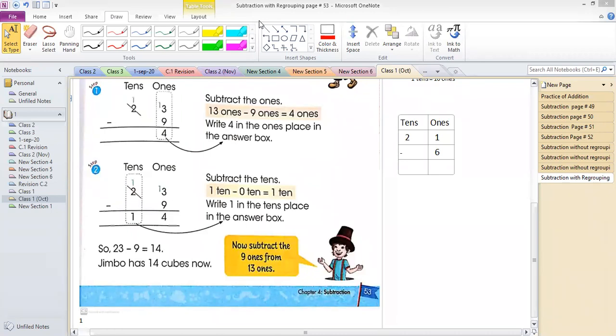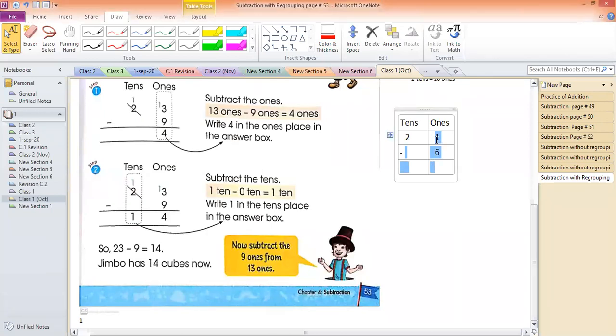Yes, Sami Hijazi, can you hear me? Yes. Sami, I want to minus 6 from 21. So we have to subtract the ones first. Can we subtract 6 from 1? Listen to me carefully.